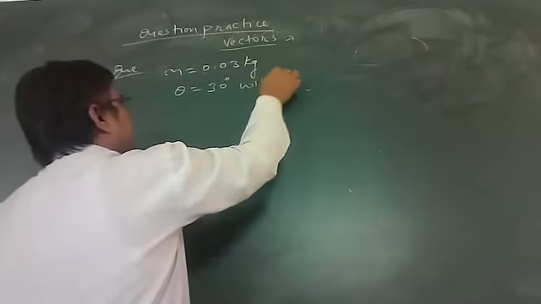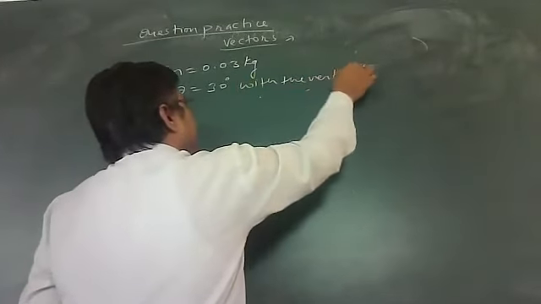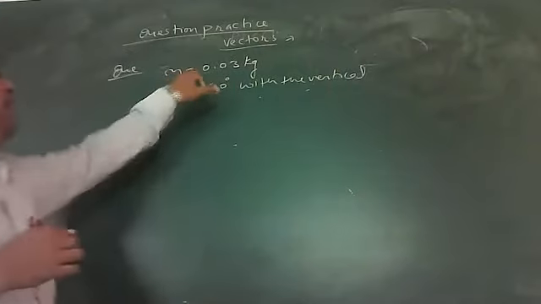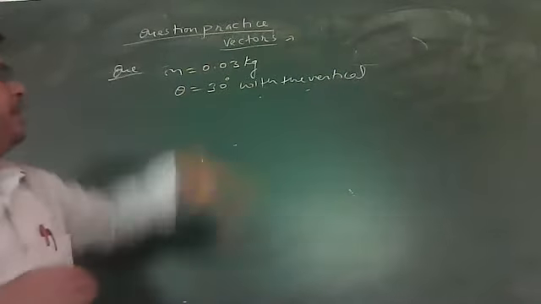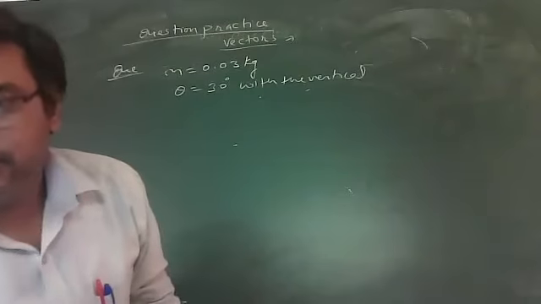We have to find that horizontal force. A mass of 0.03 kg is hanged on a string, and it makes a 30 degree angle with the vertical.